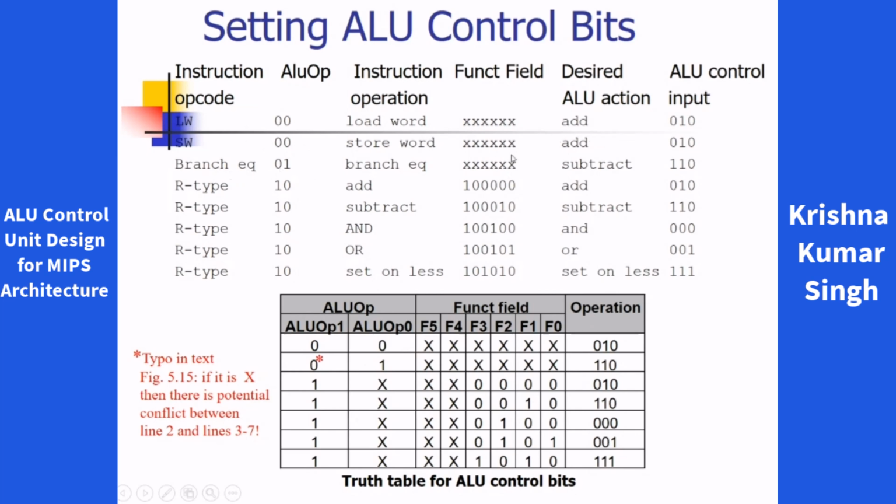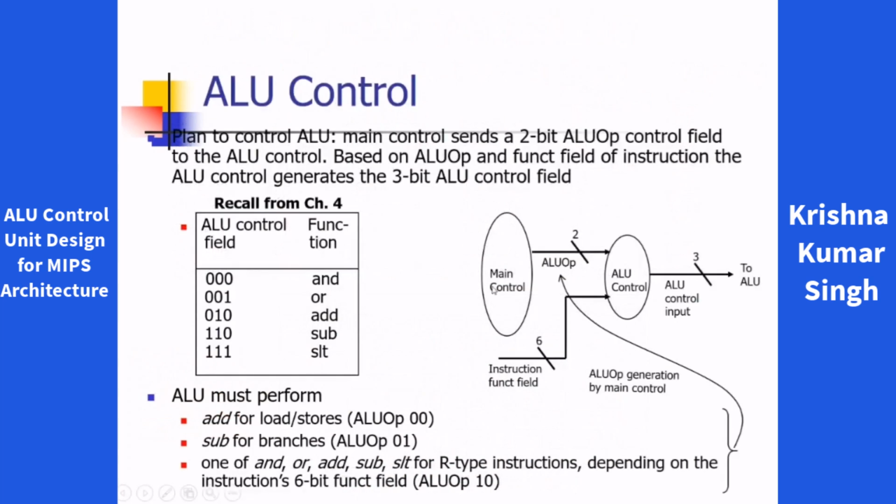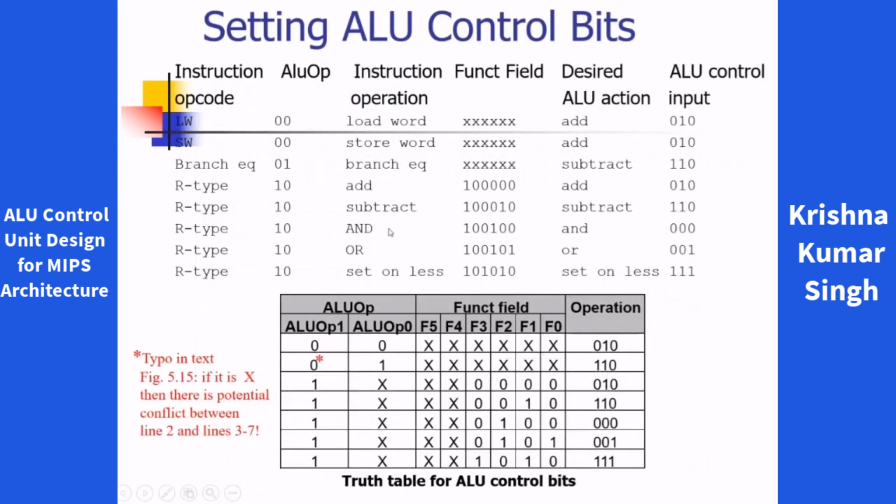For the other ones, the R-type instructions, the main control generates an ALU operation equal to 10. So for all of them, add, subtract, AND, OR, and set less than, the ALU operation is 10.